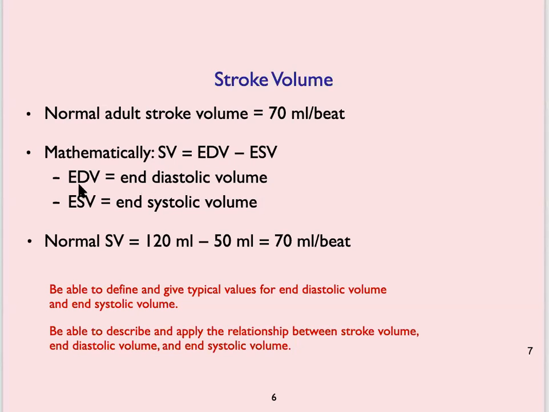So this is the maximal amount of blood in your ventricle throughout one cardiac cycle. End-systolic volume, on the other hand, is the minimal amount of blood found within your ventricles throughout the cardiac cycle. If you take the difference between the two, you get stroke volume, which is the amount ejected within that one heartbeat. Do the calculation, and on average, adult stroke volume is around 70 milliliters per beat.